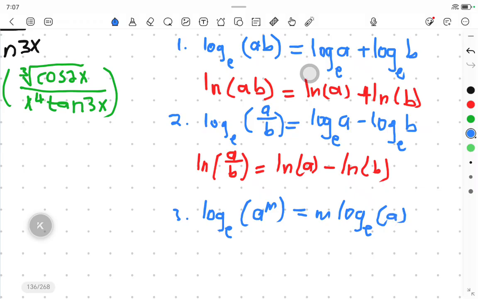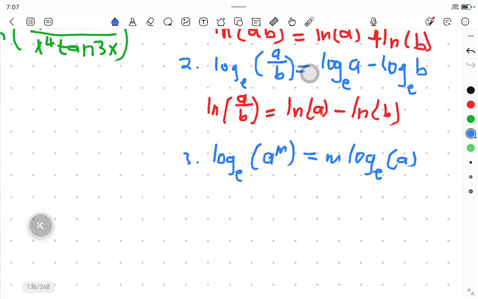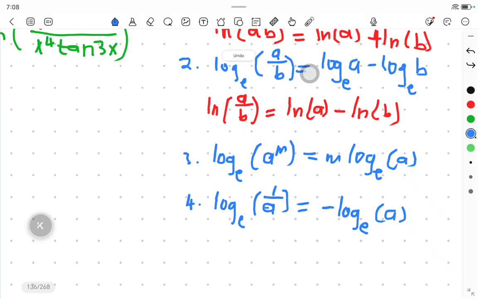Again, for log of 1 over a, this will be minus log e a. What we did here is apply the same property, changing 1 over a to a to the minus 1, then dropping the negative. We're allowed to do that.